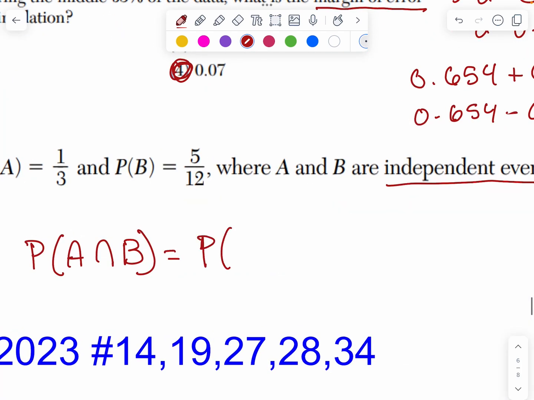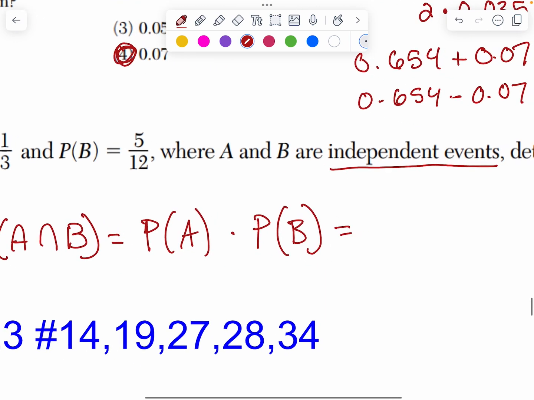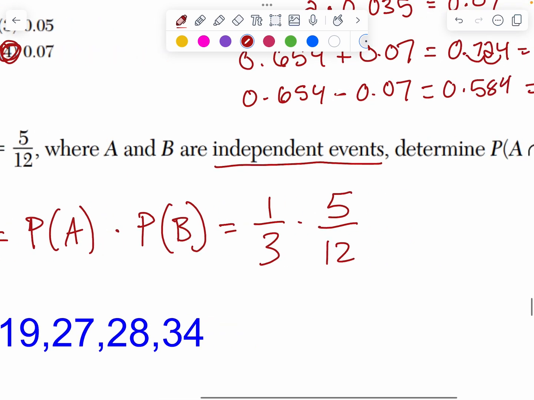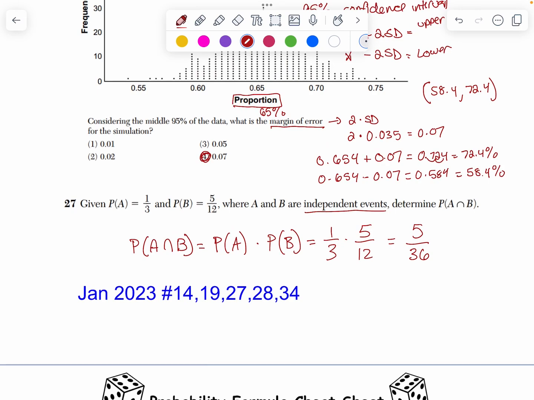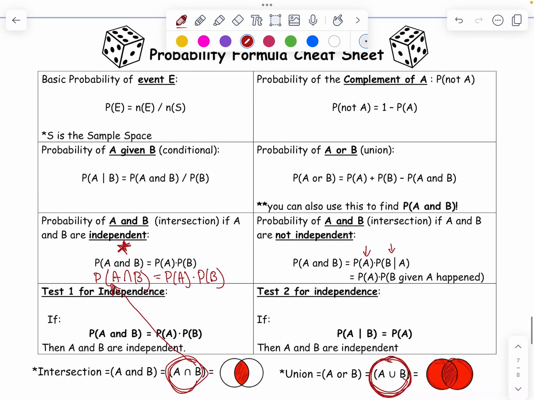I'm multiplying probability of A times probability of B, which is just multiplying 1/3 times 5/12, aka 5/36. And that's it. Okay, so make sure you memorize these formulas, you know them, you understand them, because they can be asked in any combination of terms.